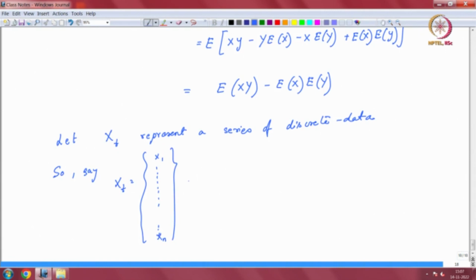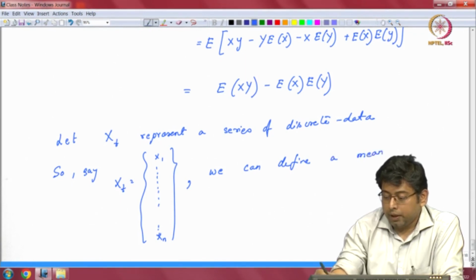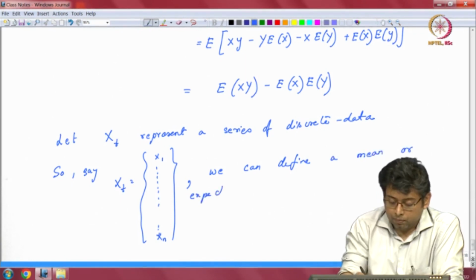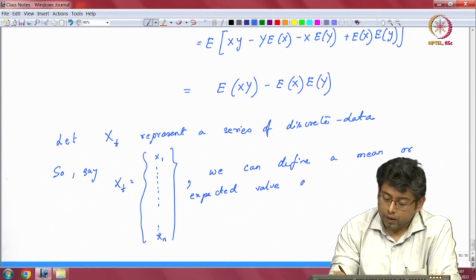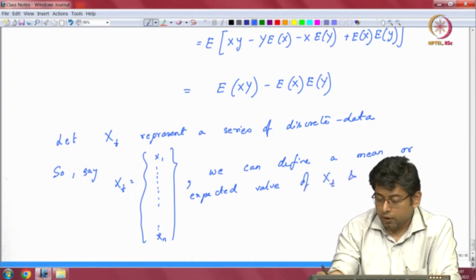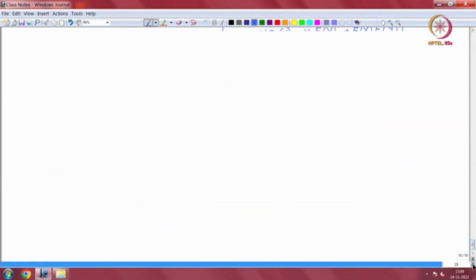Then, taking our cue from the previous expressions that we saw, we can define a mean or expected value of capital X_t and denote it with a subscript, which is telling you that it is series data.